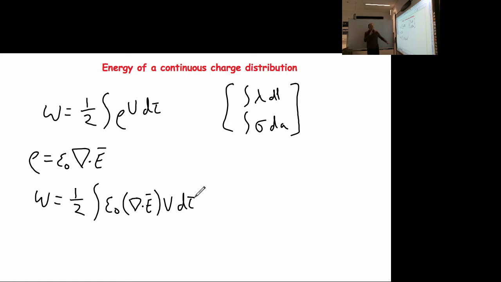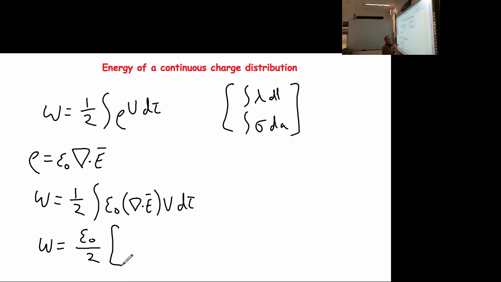Now, what we can do is use integration by parts, and we can transfer the derivatives from the electric field to the potential V. So what we would get here is the work done equal to epsilon naught divided by 2. And here we're going to have a volume integral and also a surface integral.